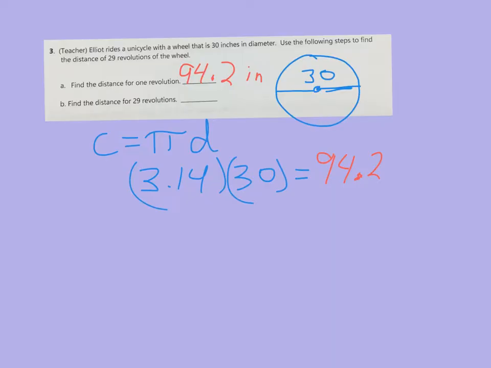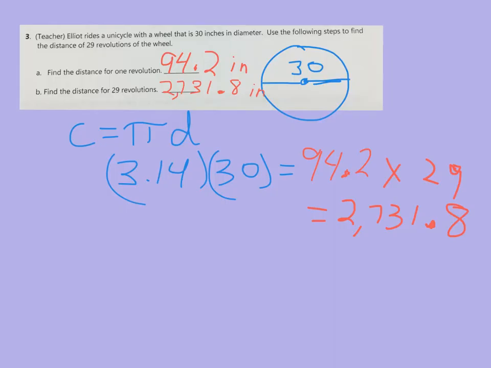Now we just need to find the distance for the wheel if it moved 29 times. So we do 94.2 times 29, and that will give us the distance for 29 revolutions.